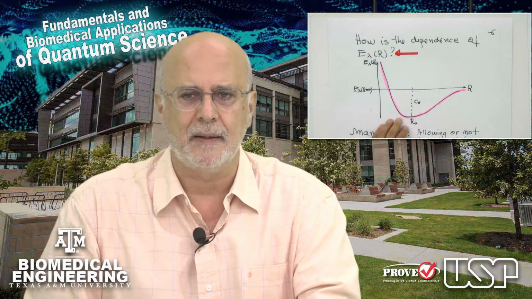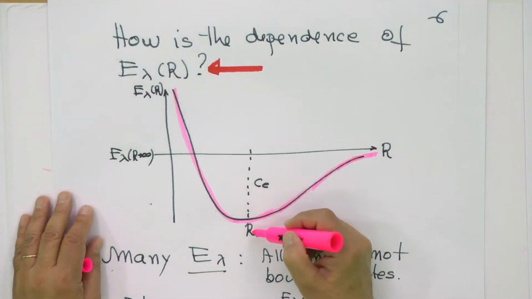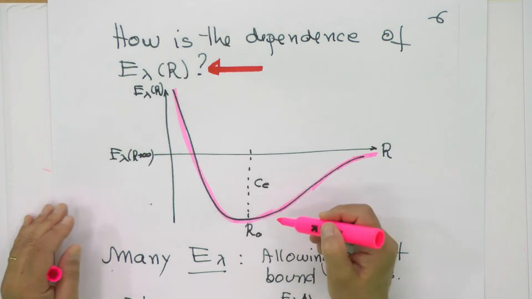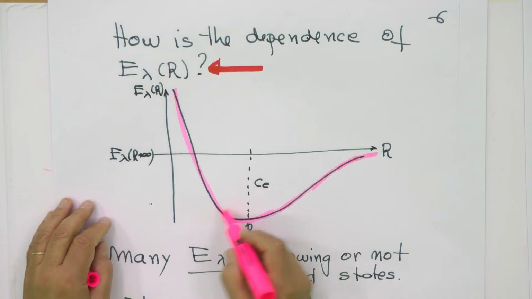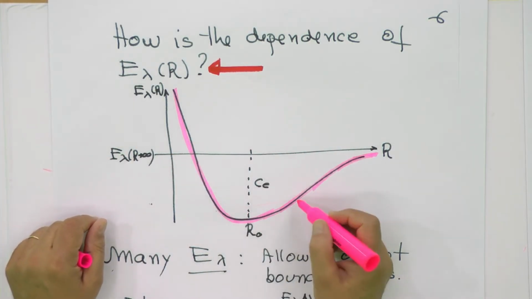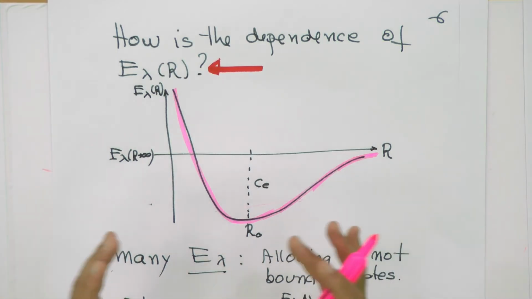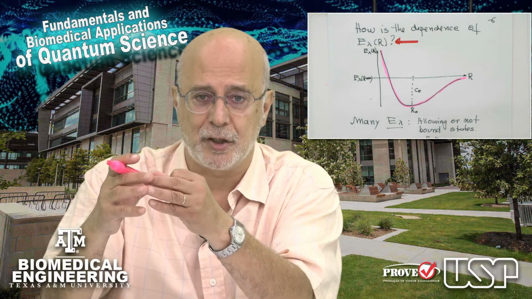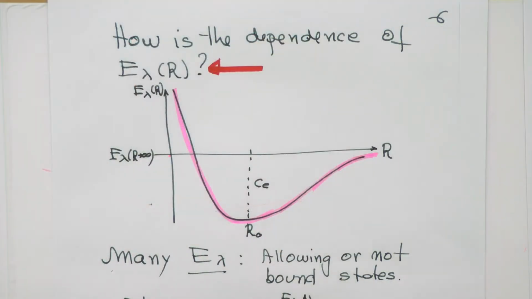And this R dependence makes this interesting potential with a minimum, which is the potential energy for the nuclei. So the two nuclei are moving in this potential. Of course, we use the reduced mass, so you can imagine the reduced mass bound to the center of force, which is the center of mass.